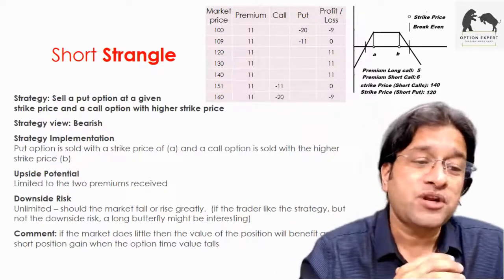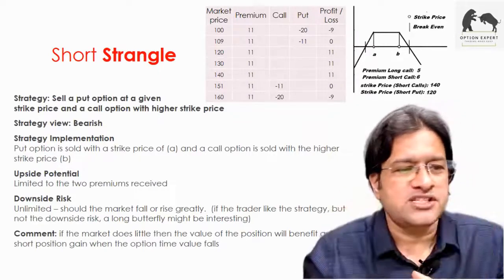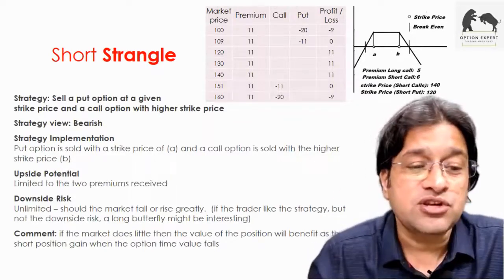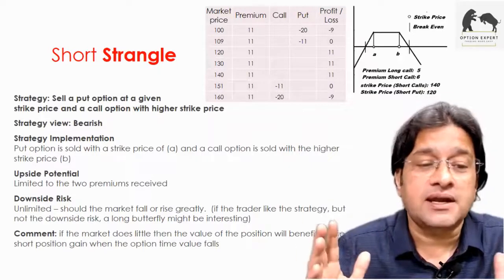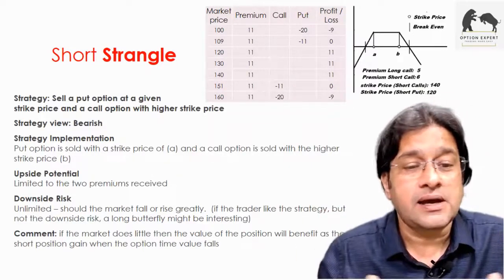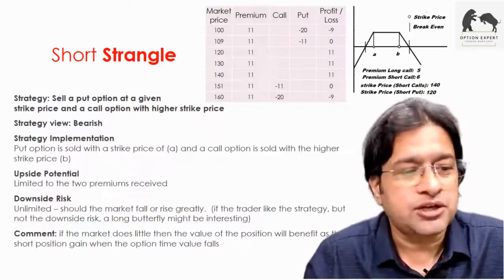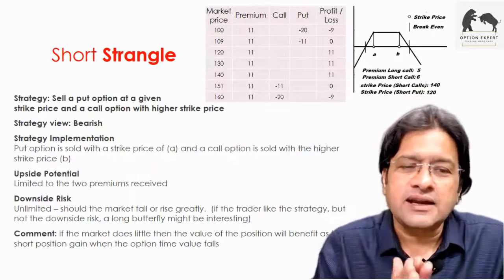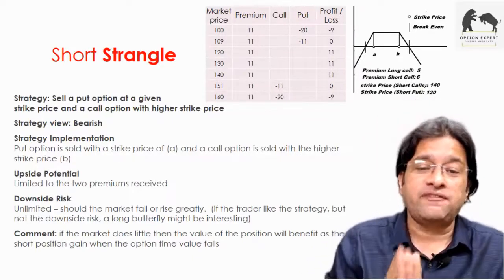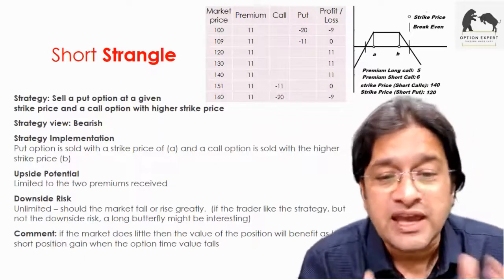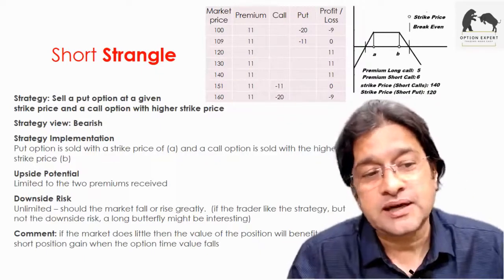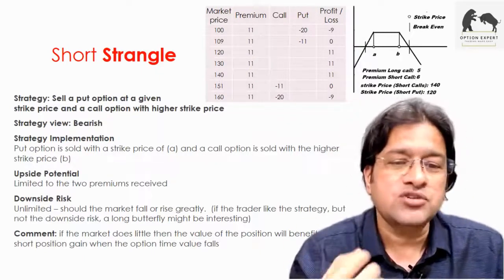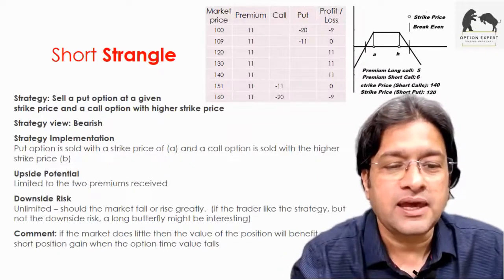Upside potential is limited to the two premiums received. The downside is that should the market rise greatly or fall greatly, the risk increases. If the market does little, the position will benefit as the short position gains in time value. Again, you're taking advantage of the time value decay.